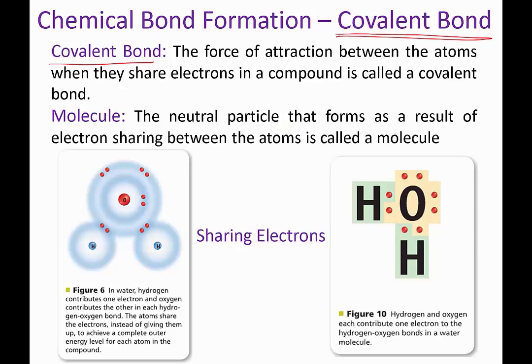So the best scenario here is to share electrons between each other. When they don't lose electrons, the best scenario is to share electrons. And we call it covalent bond. The product, or the compound here, we call it a molecule.